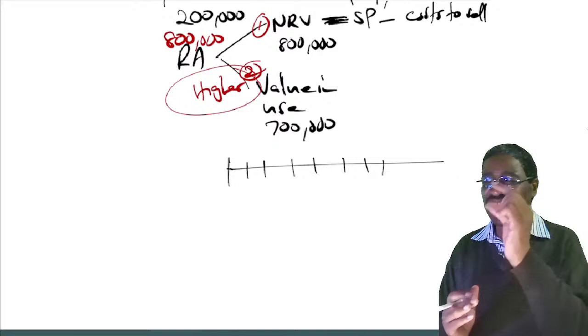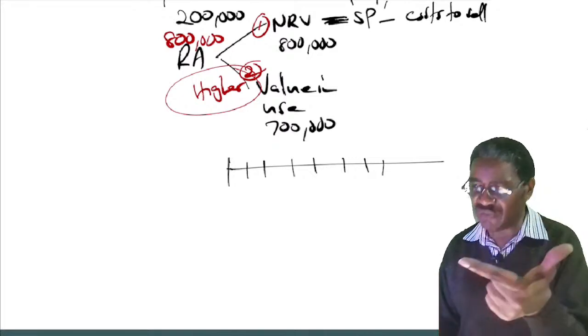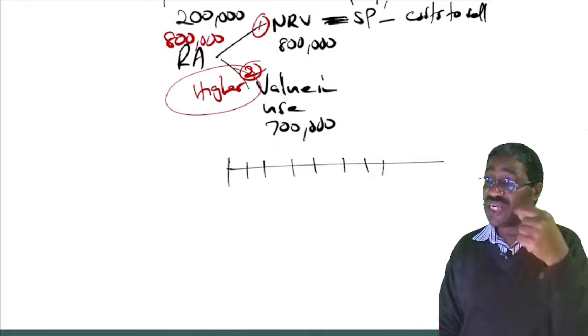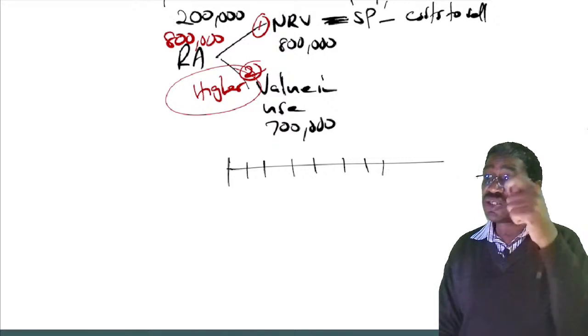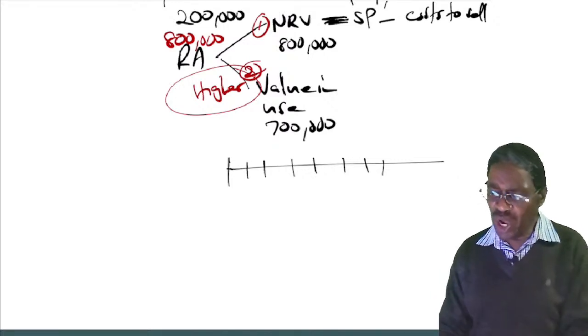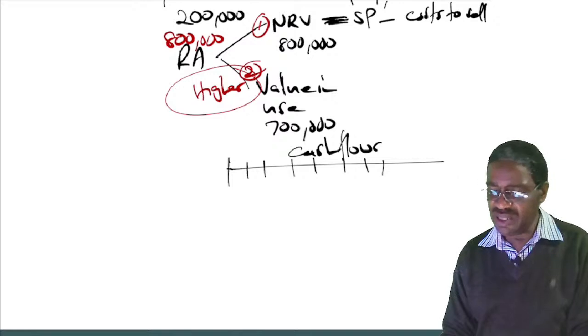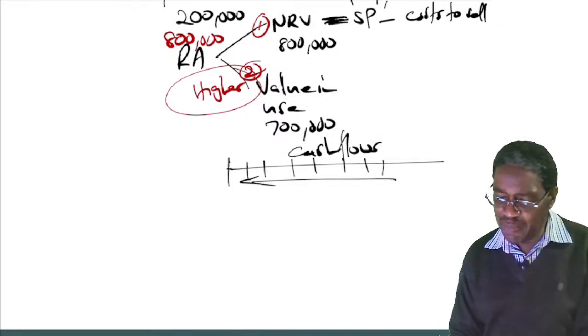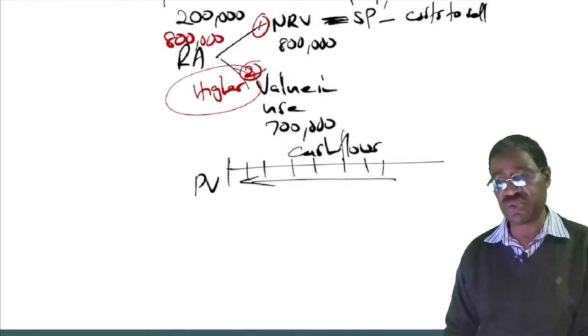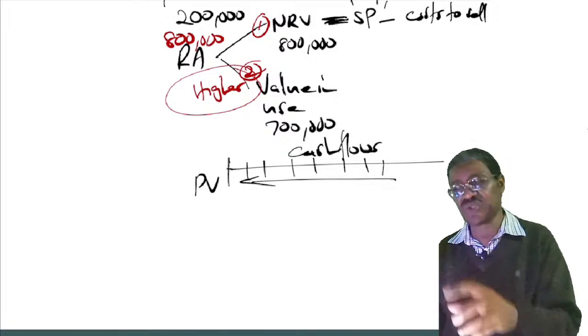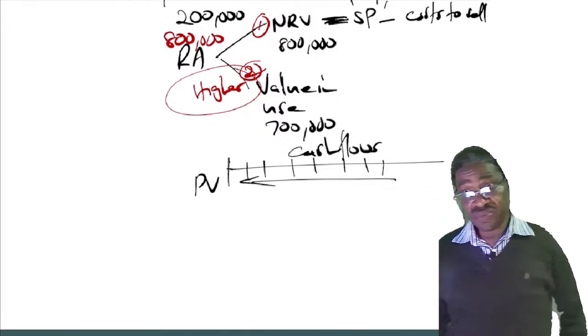So you have to get the projected future cash flows that will be generated from the continuous use of the asset. Once you get those future cash flows, you get the present value of those cash flows.